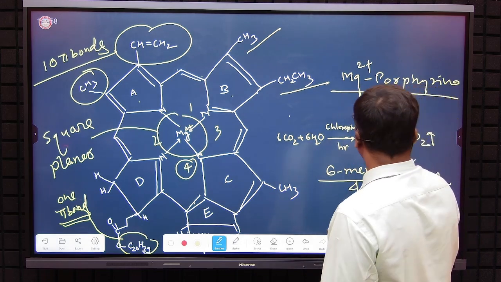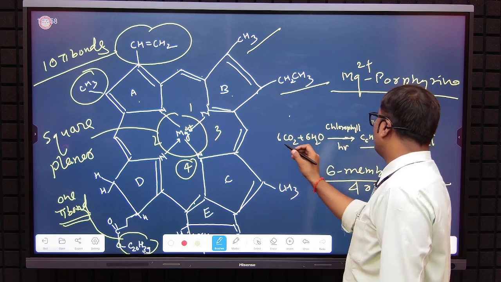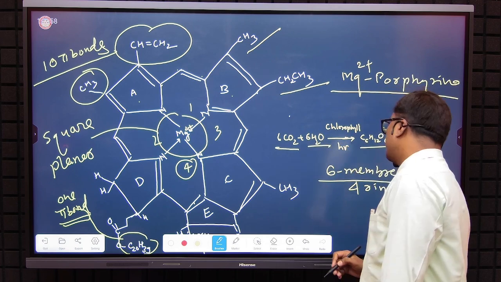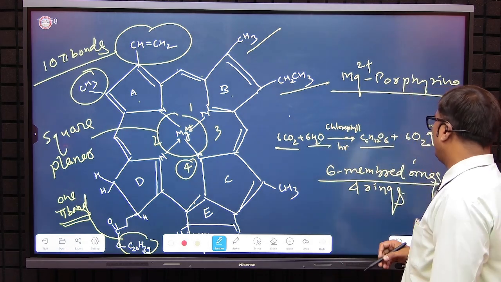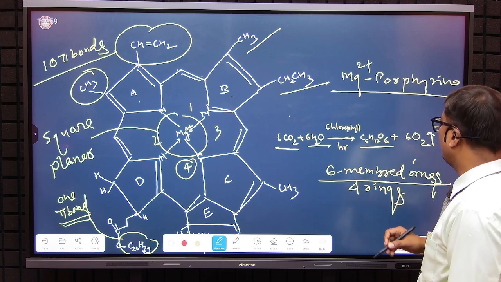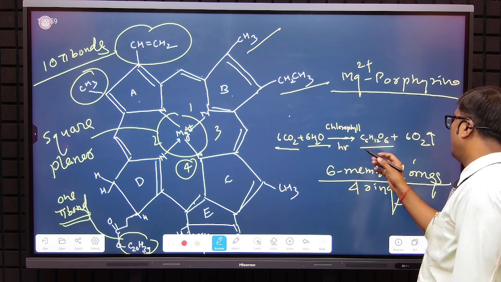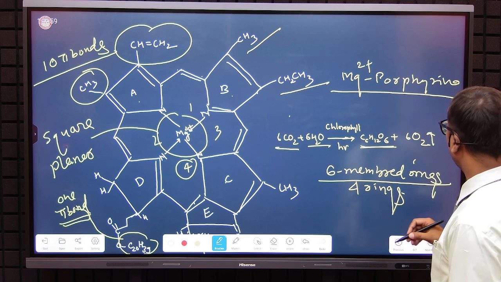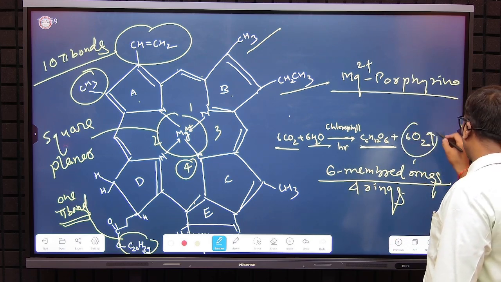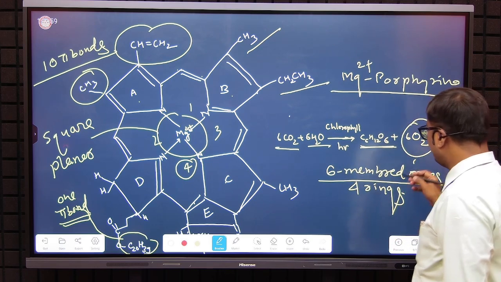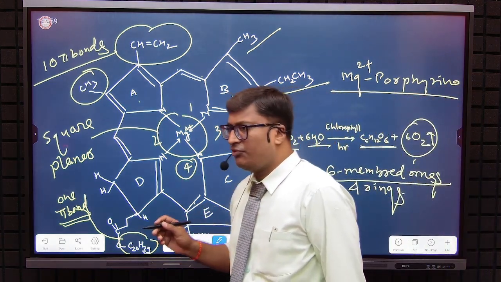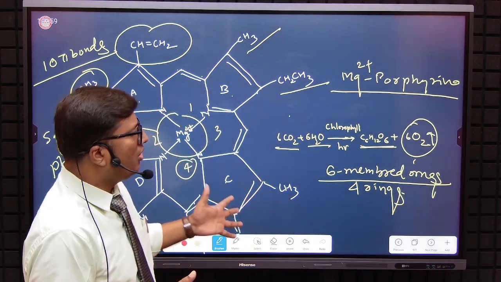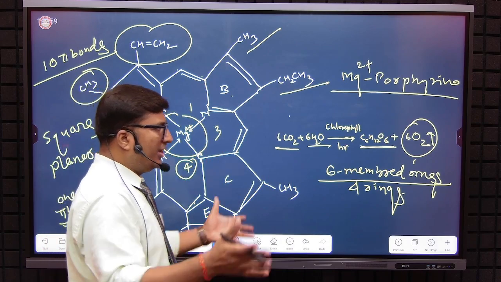So what actually initiates the reaction is 6 CO2 plus 6 H2O. Once they react in the presence of chlorophyll and sunlight, the sunlight being a source of visible light, they produce glucose, fructose, and liberate oxygen gas, and this oxygen gas is the source of breathing and sustainability of human life on this planet.